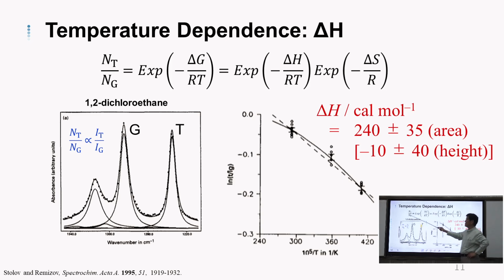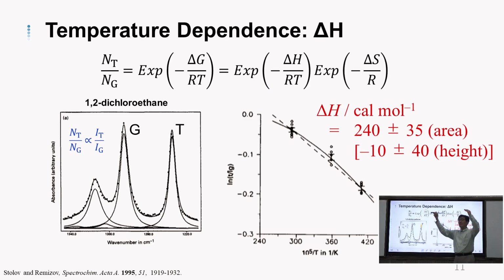You know, the different ratio of the population is explained by an exponential function including the difference in the Gibbs free energy. Okay, if the energy difference is large, then the more stable state dominates. If delta G is 0, please imagine if this is 0, the two forms trans and gauche have the same energy, then the right hand side is equal to 1.